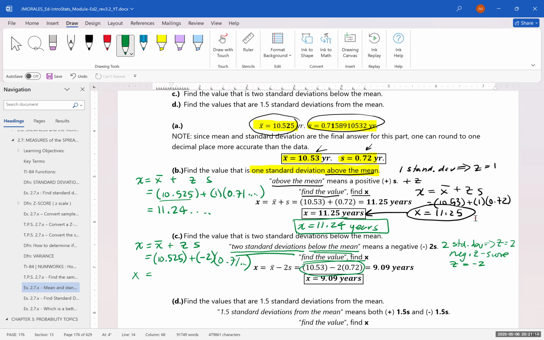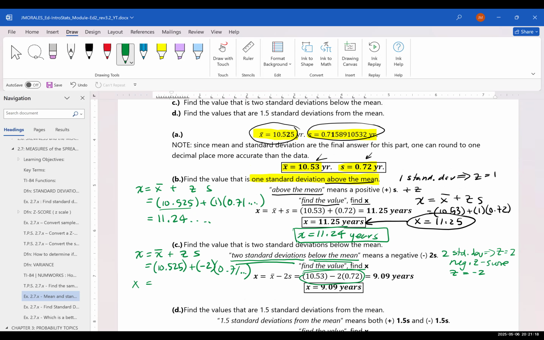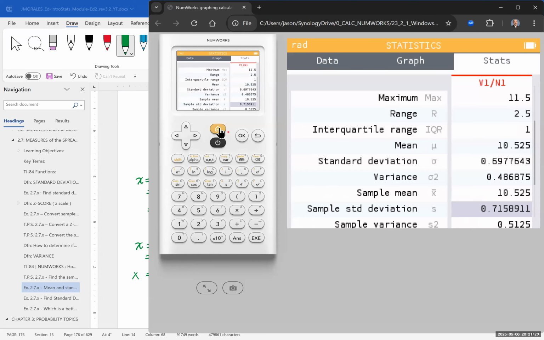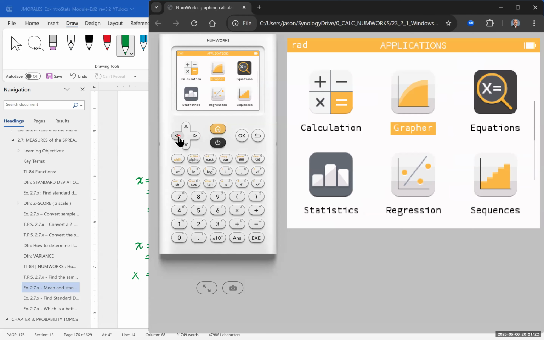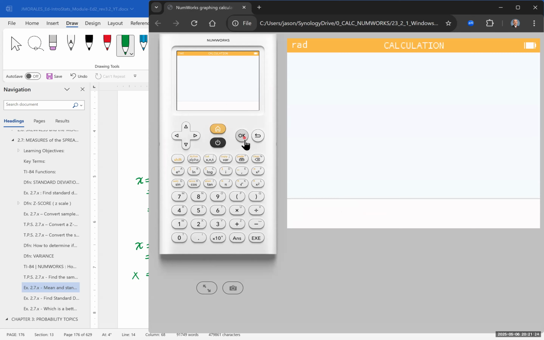All right, so now I'll do this calculation this time with NumWorks. So let me go home, go to calculation.